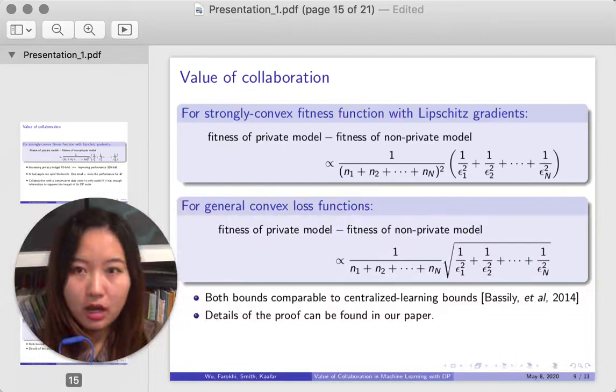It does not change significantly with a change of epsilon 1, and it still remains large with a relatively large dataset n1 equal to 10 to the power of 5. Hence, no matter how large epsilon 1 gets, the error still remains large due to the small privacy budget of the other two data owners.